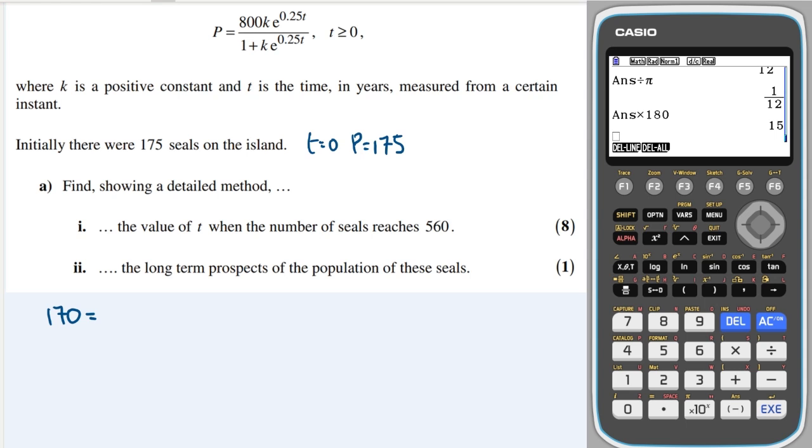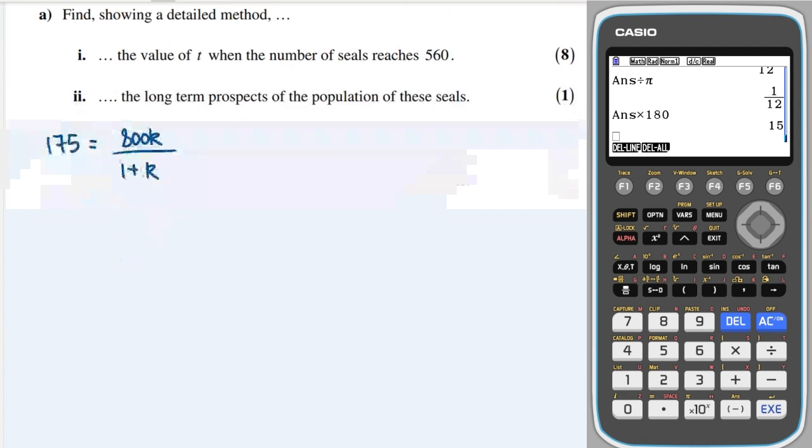So 175 is equal to 800k e to the 0.25t. When t is 0, that's just 1, and that's all over 1 plus again that will just be 1 times k, so k.